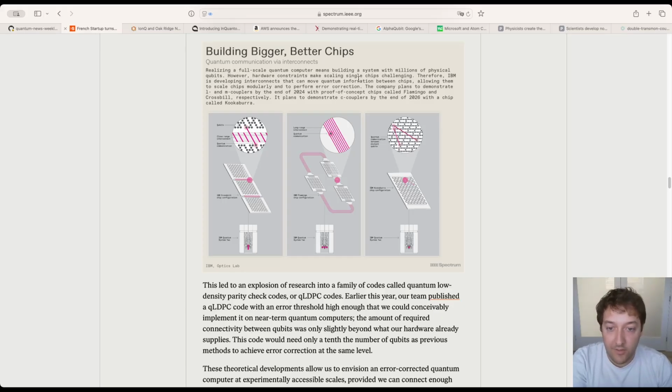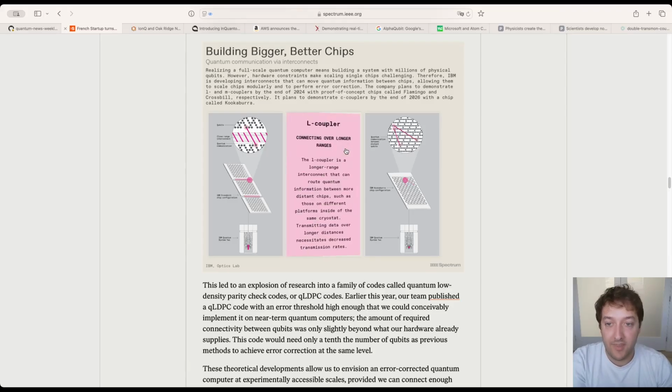Entanglement across these is difficult. They have a cool honeycomb structure, or like a hex shape kind of thing. But the big problem of scalability isn't how you arrange the qubits, it's how do you connect them and entangle them across larger systems. So this L coupler is going to do that.